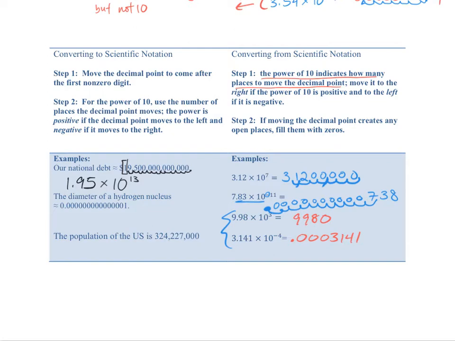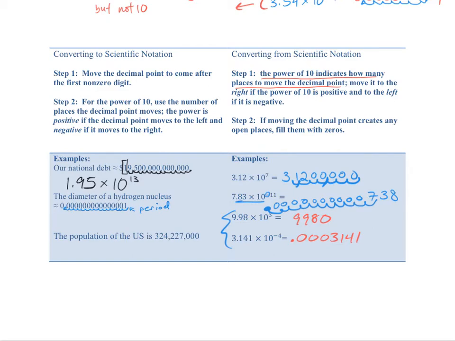So let me prove this to you. So this is a good answer here. Let's try this. So here, this is the decimal point. This is a period. So this is the decimal point here. So I'll move it 1, 2, 3, 4, 5, 6, 7, 8, 9, 10, 11, 12, 13, 14, 15.